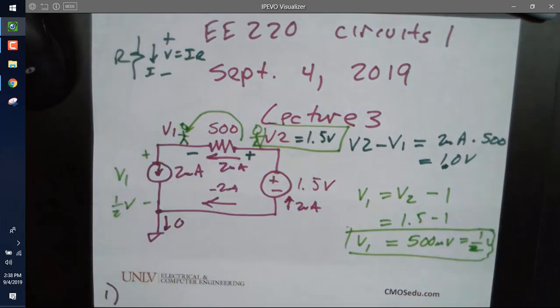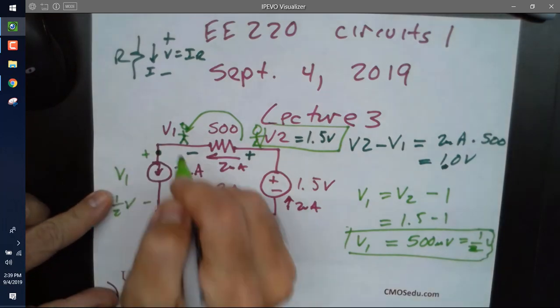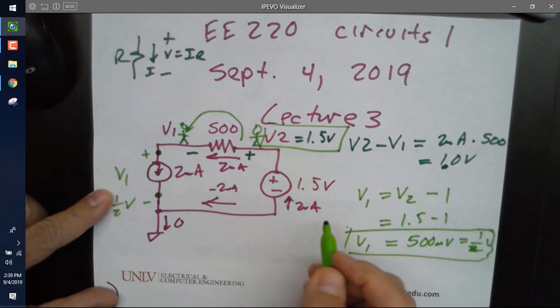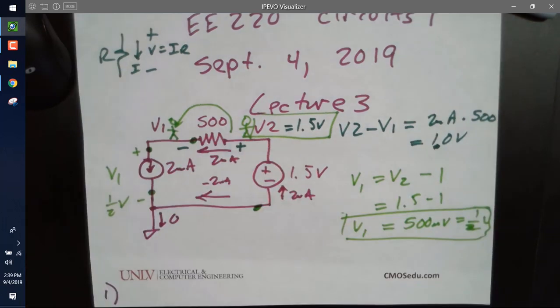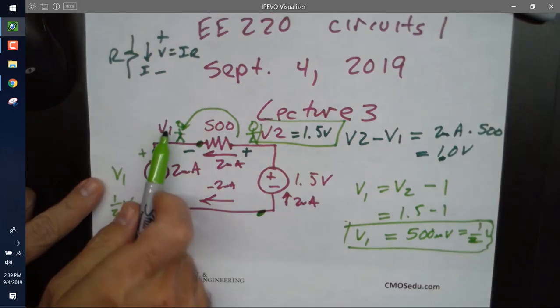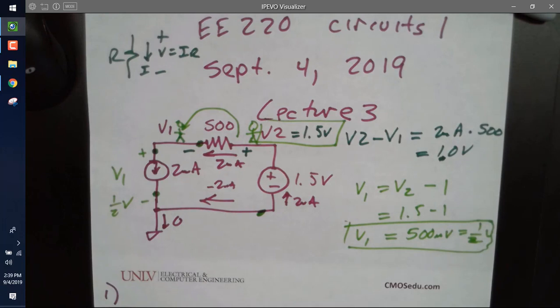I'm at V1 and I look and I say, oh, what is the voltage drop across the source or across the current source? It's the same as the voltage drop from here to here, as I wrote plus and minus, but isn't that the same as the voltage drop from here to here? It's one wire. Isn't that V1? When I say V1, that is the voltage that I'm calculating there.